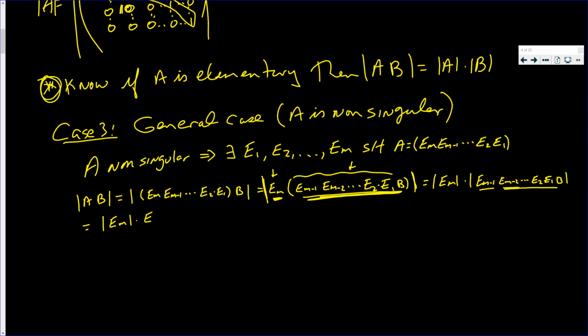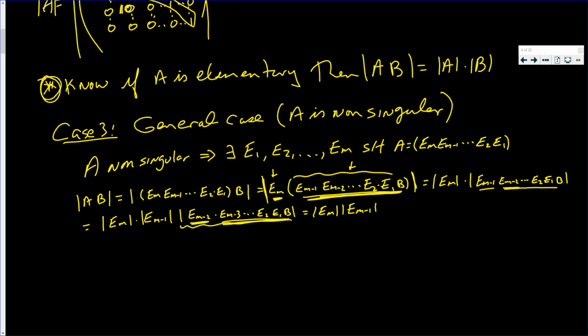So this is the determinant of E_(M-1) times the determinant of E_(M-2) times E_(M-3), all the way down to E2, E1 times B. But that's this elementary matrix times that.